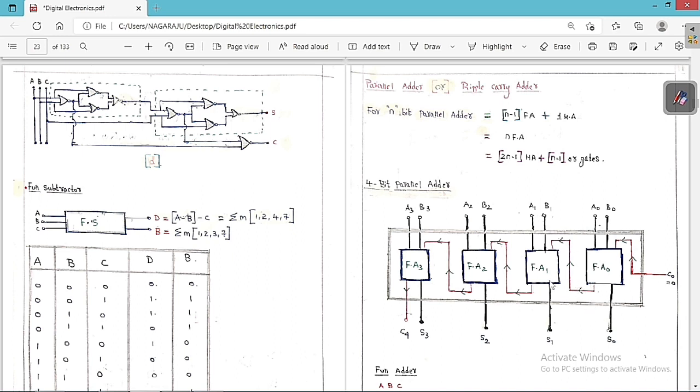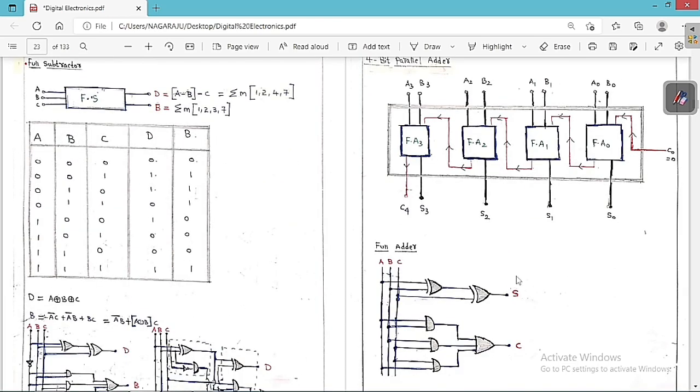So for one full adder, as we have seen just now, S is equal to A XOR B XOR C, and carry is equal to AB plus BC plus CA. So this is the one full adder circuit, meaning the circuit inside this one full adder, which we are going to present for each and every full adder.